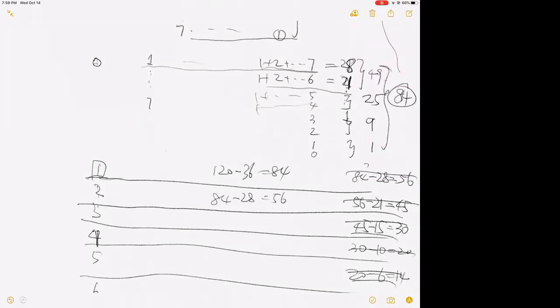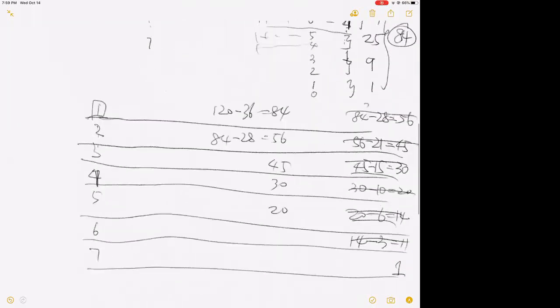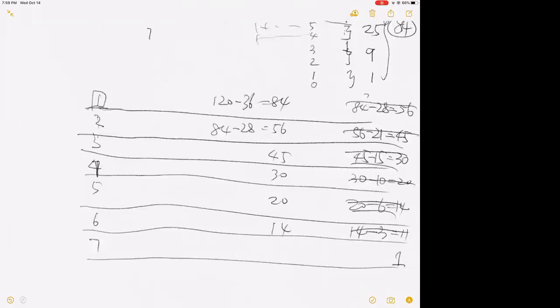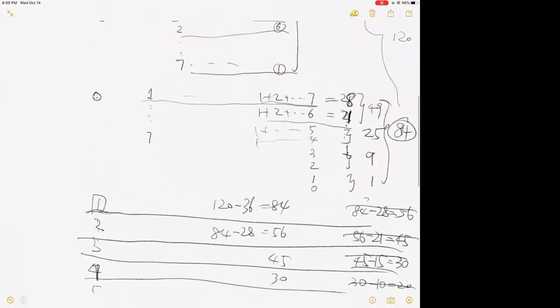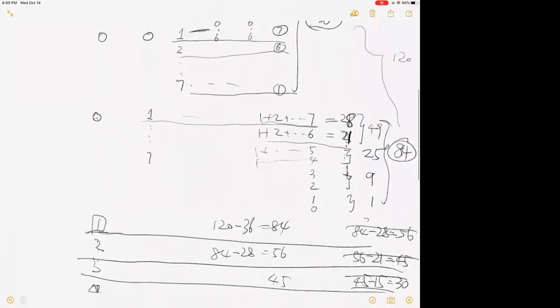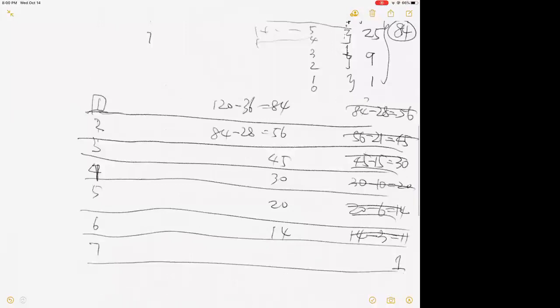And then we keep going on, 45 and 30 and 20, and then 14, and then 11. And then, something wrong, huh?